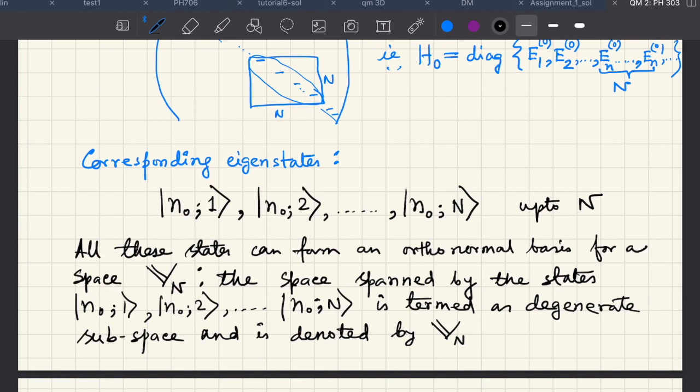This is the subspace of all states which have the same energy E_n^0.